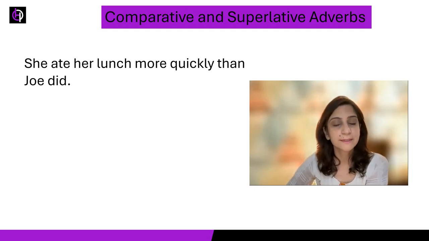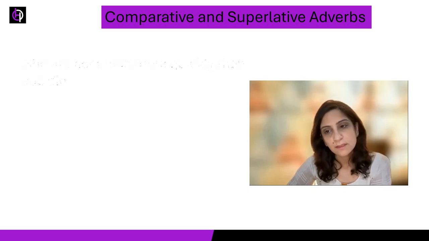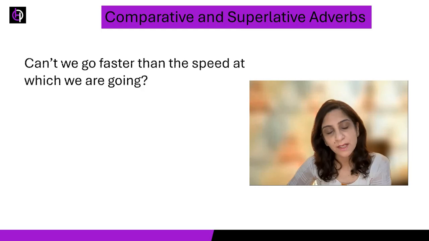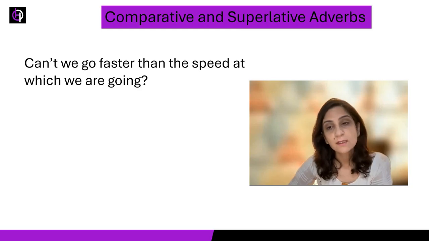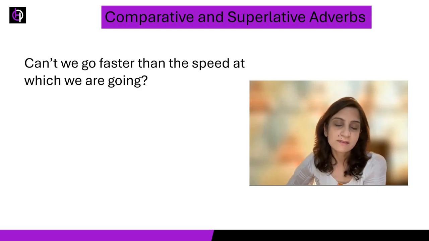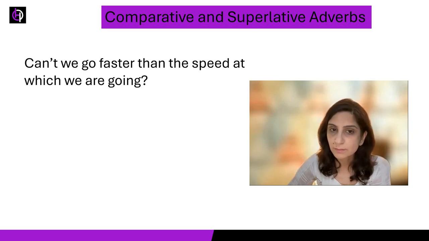More quickly than. Can't we go faster than the speed at which we are going? Can't we go faster? This is a sentence in itself. Now, faster over here, you must be thinking, is it an adverb?